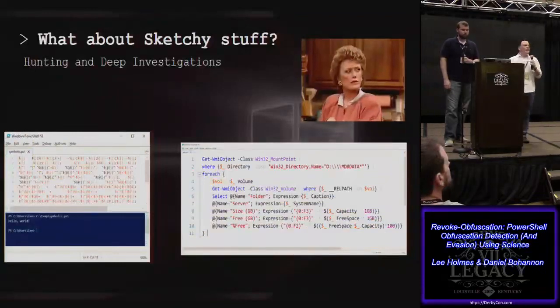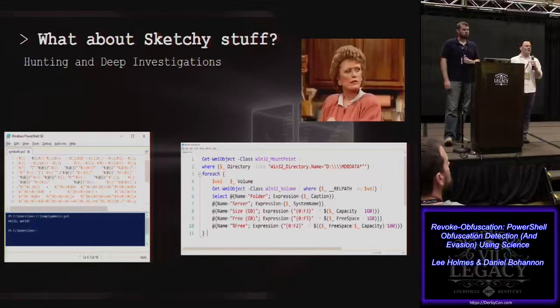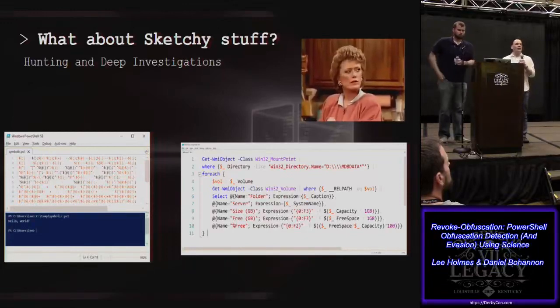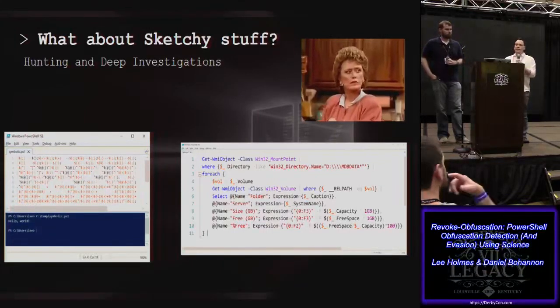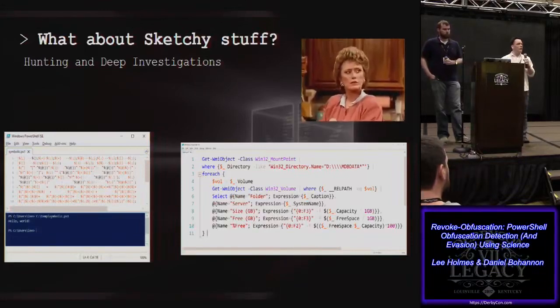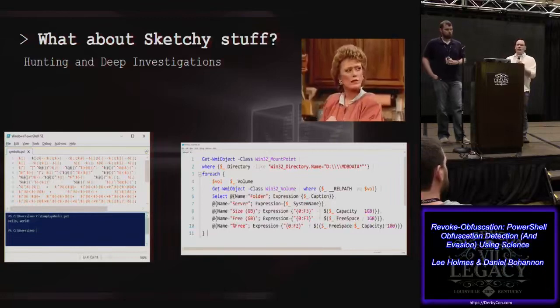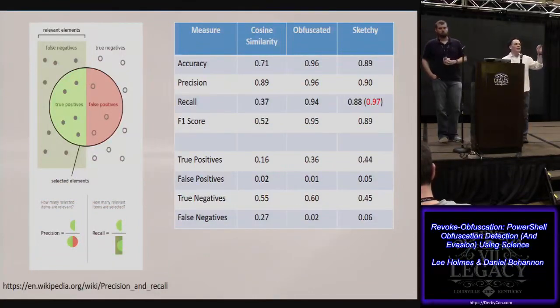Now here's the thing. What about stuff like that, which is to-the-wall obfuscation, but what about stuff that's just kind of sketchy? Like, I don't know for sure that it's obfuscated, but I would like it if an intern was reviewing the logs and said, can I check this out for me, please? So here's an example on the right. That's not the kind of crazy stuff that you saw before, but it's kind of weird. It's kind of off. When you do that, it's still amazing. So when you broaden the net, maybe you're in the middle of a response and you want to broaden the net and find anything that is kind of a deep style of obfuscation, it still does amazing.